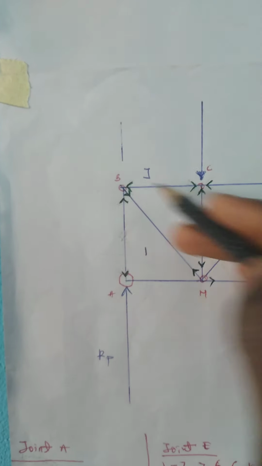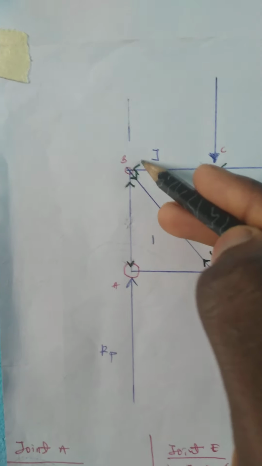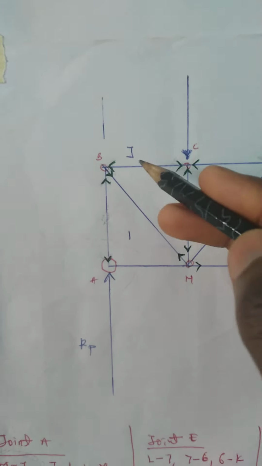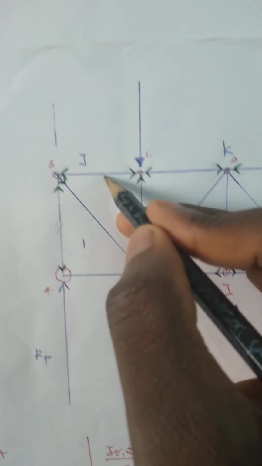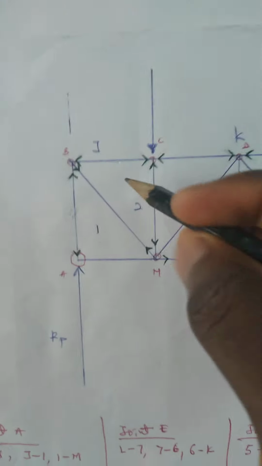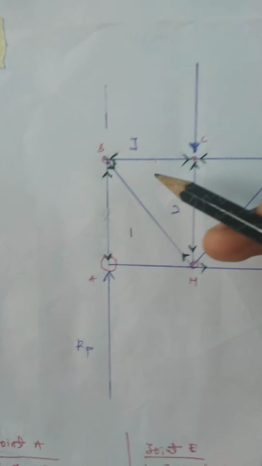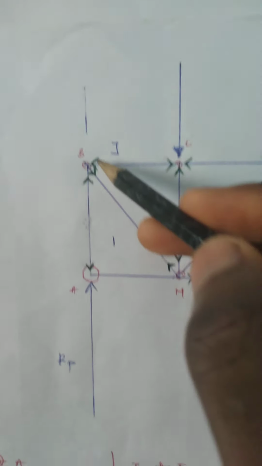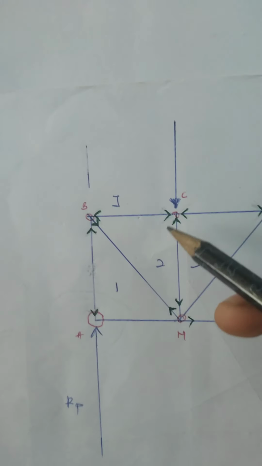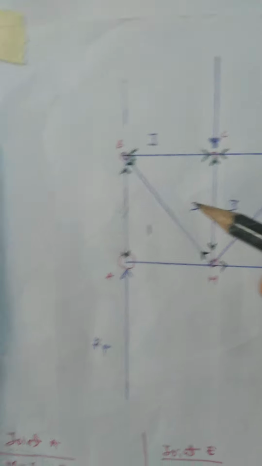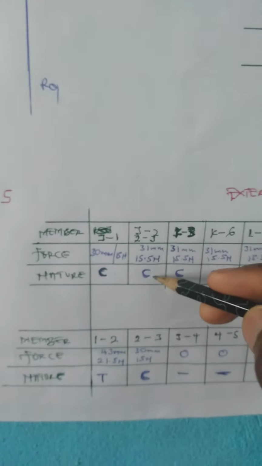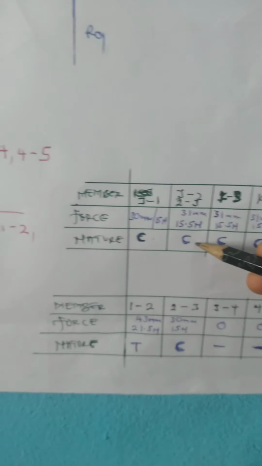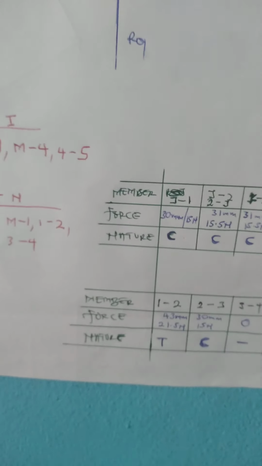So don't tell me that because the arrows are pointing in this form, J2 is in tension. Yes, the member itself is in tension, but we are not considering the force in the member. We are considering the force acting on the member. And it is releasing a tension force, meaning the force acting on it is compression. So J2 is also a compression force. So this is what we do to determine the forces acting on members.